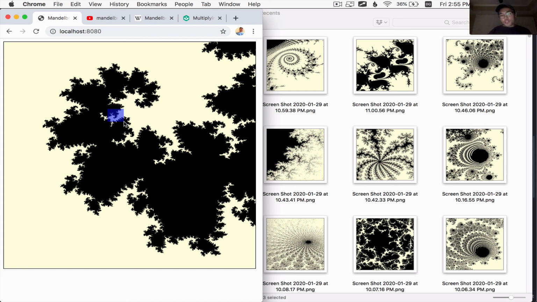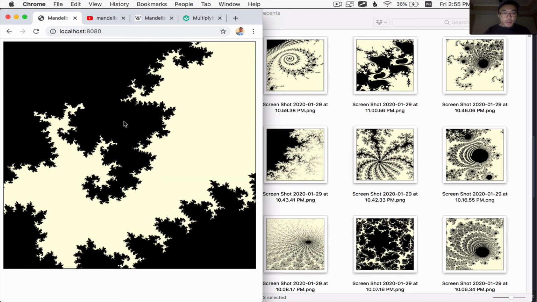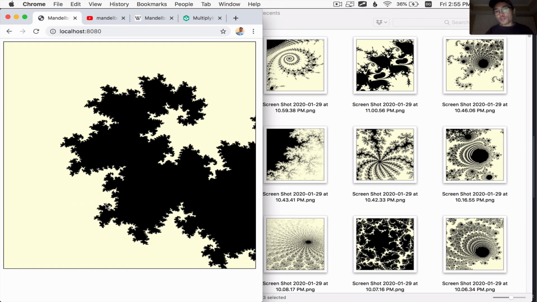However, in the JavaScript implementation that I have created, you will actually eventually reach the end of where a double floating point precision number can represent the smallness of the difference of the nearby numbers.